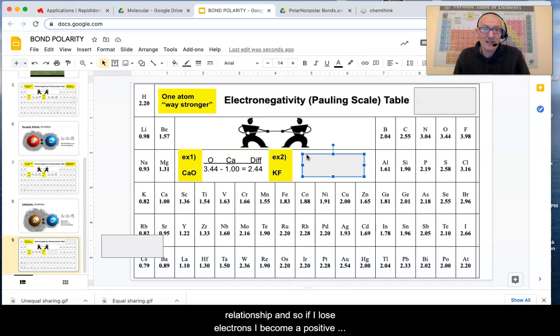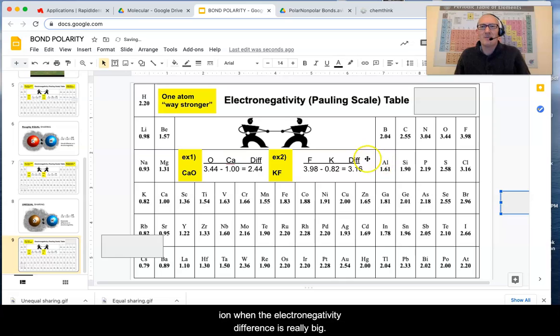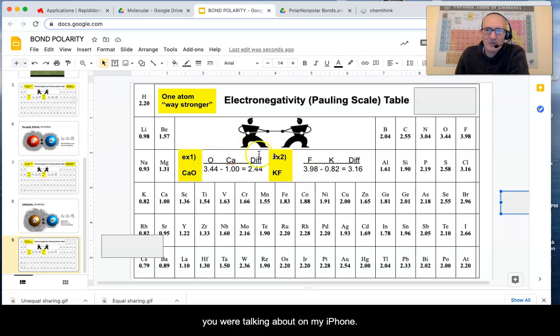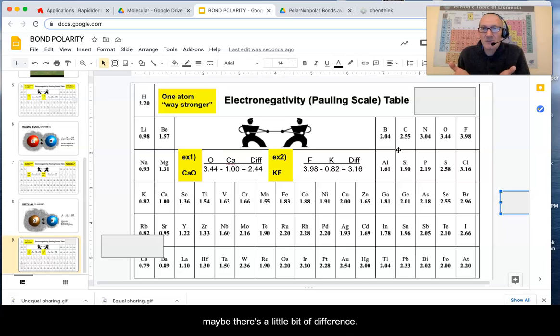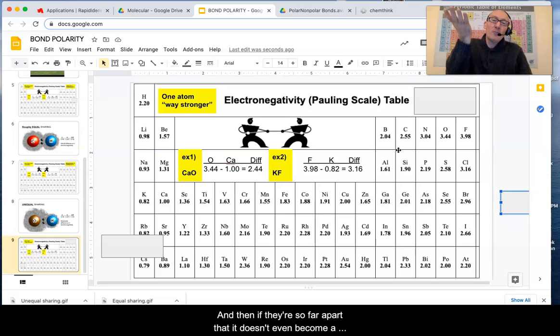And so if I lose electrons, I become a positive ion, and if I gain electrons, I become a negative ion. So when the electronegativity difference is really big, we're not talking about covalent bonds anymore. We're talking about an ionic bond. So depending on electronegativity difference, we can determine whether we have a covalent bond and its polarity: maybe there's not so much difference, maybe there's a little bit of difference, and then if they're so far apart, it doesn't even become a covalent bond anymore.